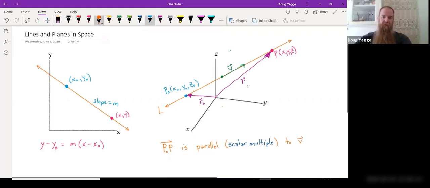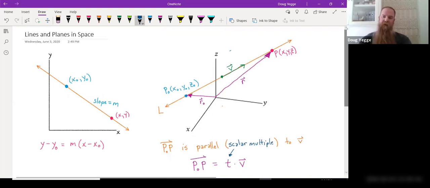So what does that mean? What it really means is that P0P will be equal to some scalar multiple of vector v, where t is that scalar multiple.